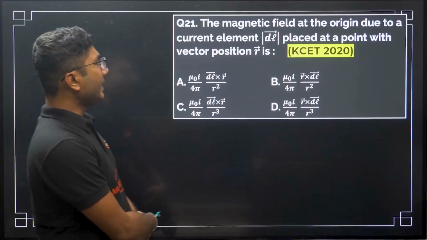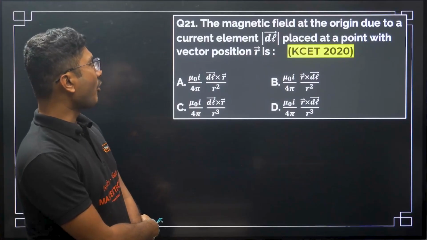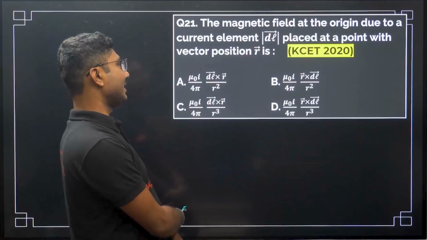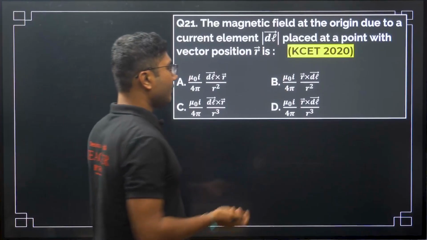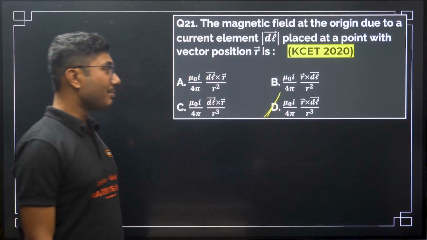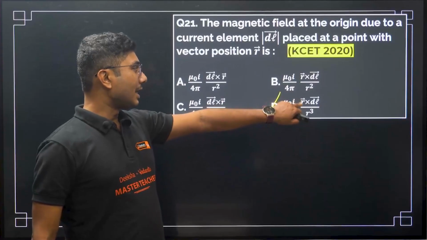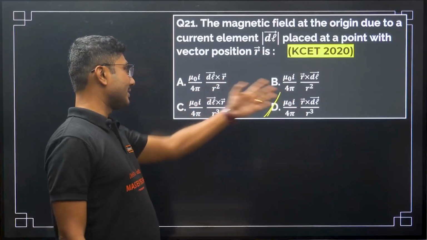The magnetic field at the origin due to a current element dl placed at a point with the position vector r vector is. So I have solved and discussed this in my lecture. If you are using r vector, it will be mu naught I by 4 pi dl cross r by r cube, because one of the r's magnitude wise will cancel, but the direction will stay.